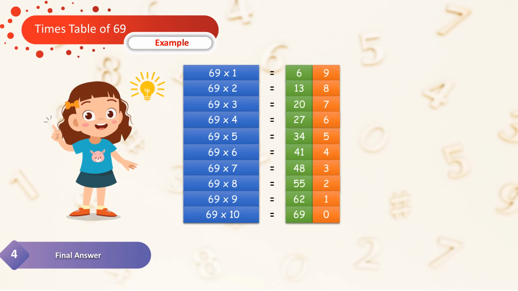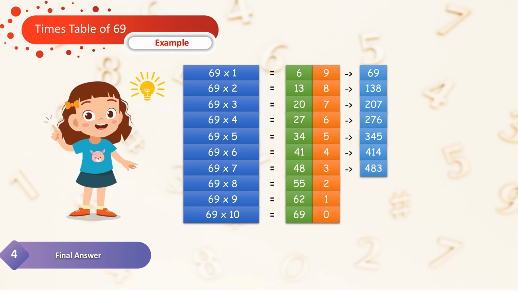So 69 times 1, 69 times 2, 138, 207, 276, 345, 414, 483, 552, 621 and 690. So that completes the 4th step and we have the times table of 69 ready for you on the screen.